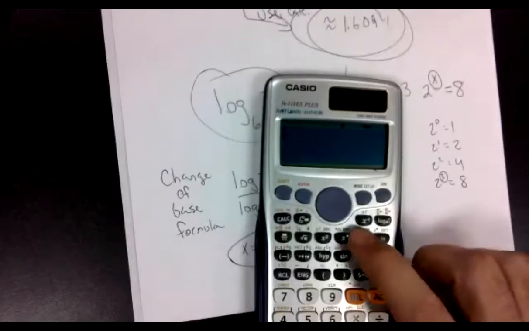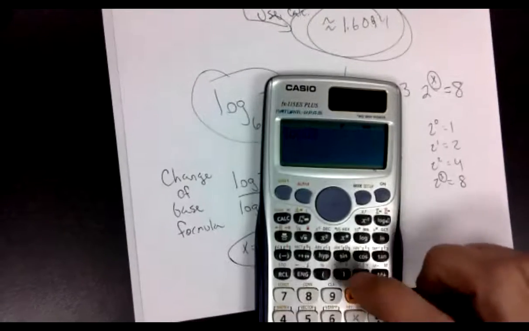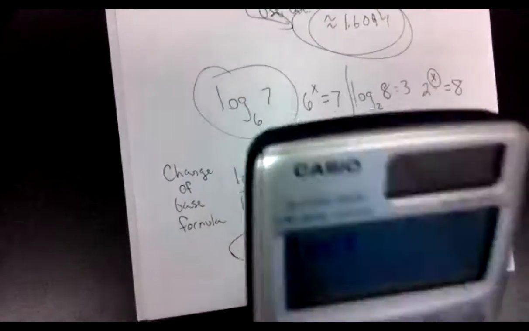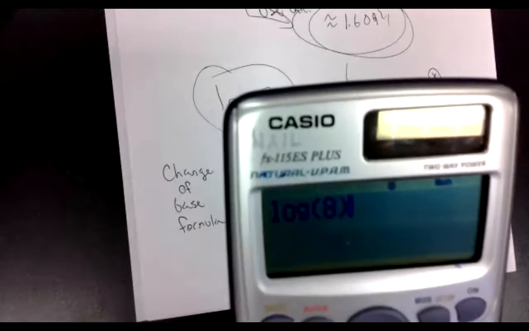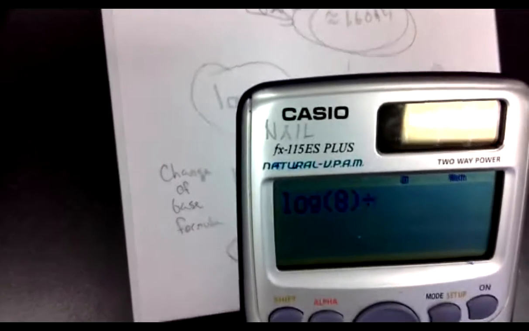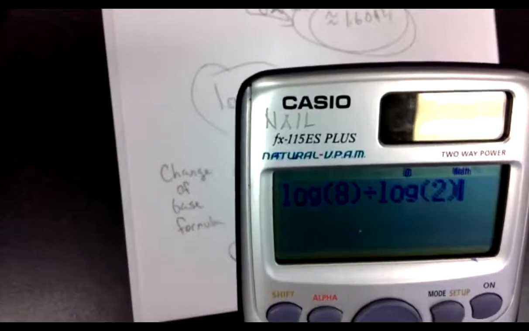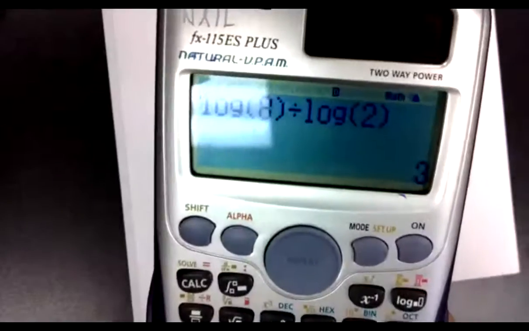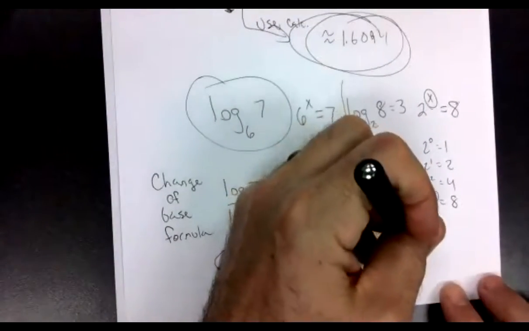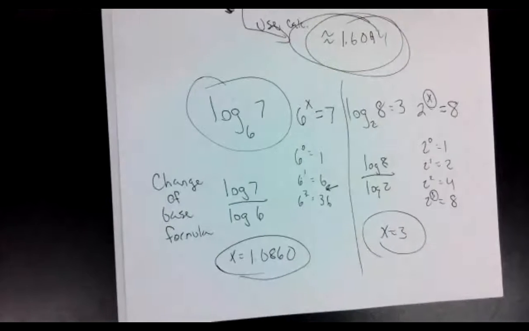Again, handy dandy calculator, log of 8, close my parentheses, divided by log of 2, close my parentheses, equals 3. Just like it was supposed to, just like we said, it's 3. So they're going to give you a bunch of different logs to evaluate.